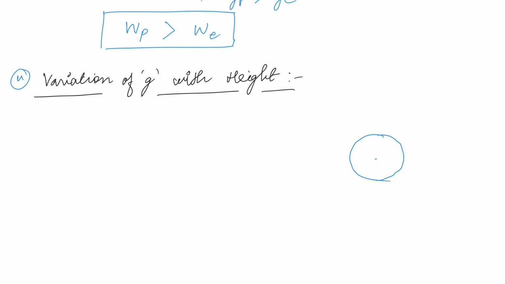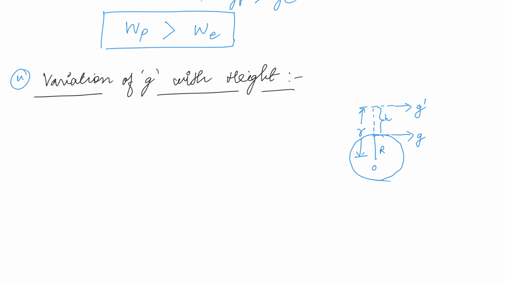This is the center O, this is the radius R, and suppose a body is raised up to height h. This is h. At the surface of Earth, we know that acceleration due to gravity is small g. At this height, the acceleration due to gravity is g dash. And let's give this distance as small r.